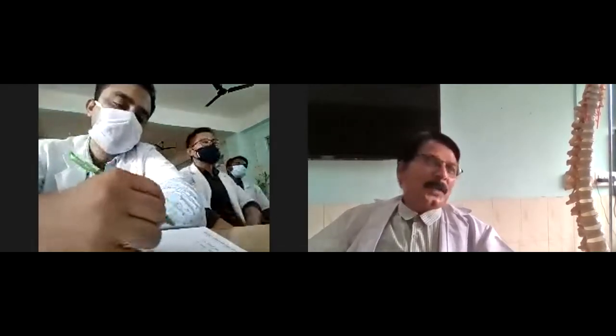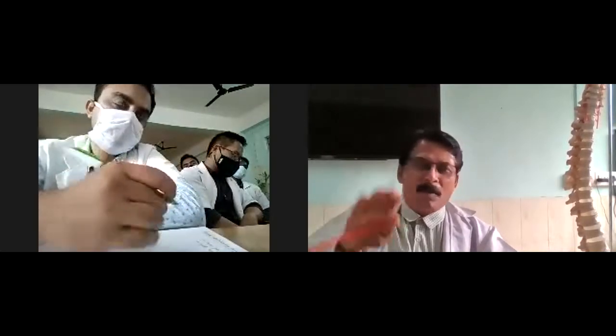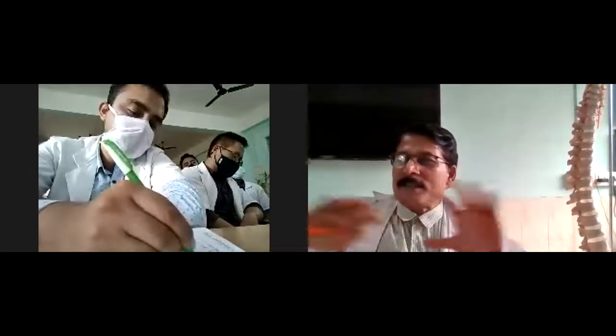And what is happening to the neurological picture? The patient may come to you in spinal shock. What is spinal shock? Spinal shock is the suspension of all the activities of the spinal cord, irrespective of the trauma. There may not be any injury to the cord. There is flaccidity, no reflex, nothing sensory, all these activities are suspended.